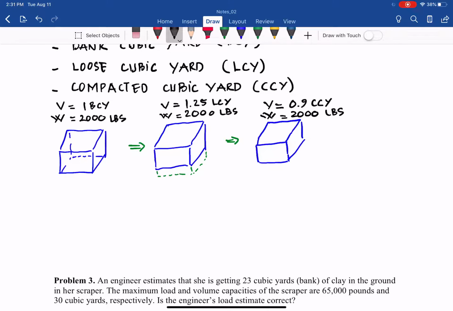And from the natural condition to the loose, we have swell, right? Swell percent. So here, swell, because the volume increases. And from the natural condition to the compacted condition, we call that shrinkage.